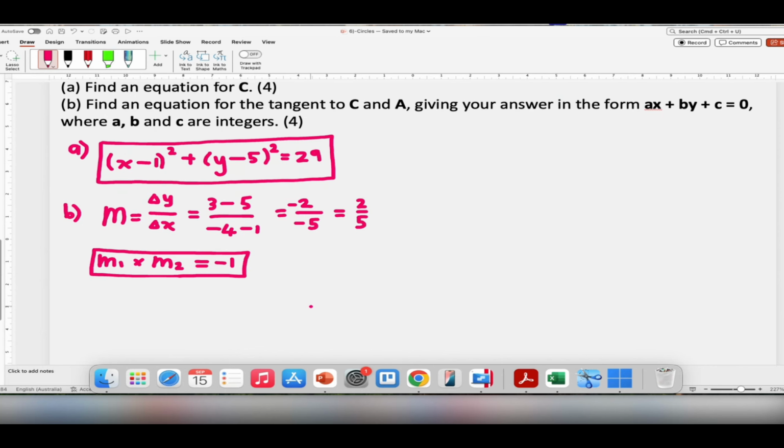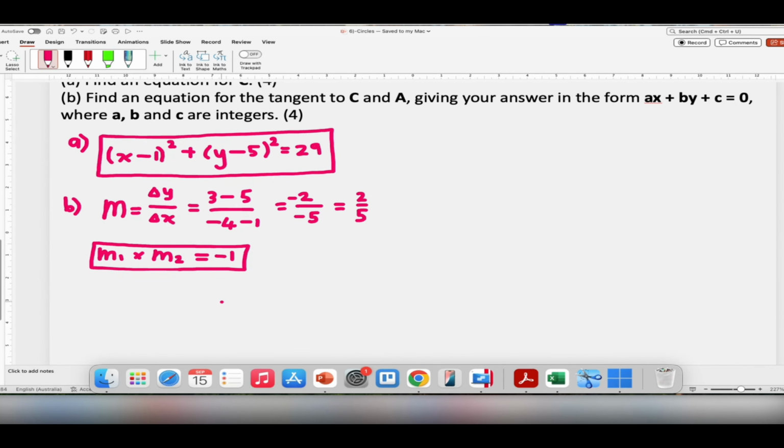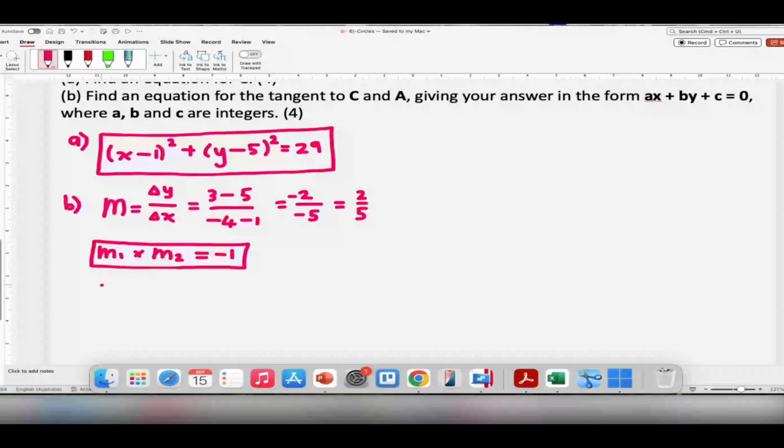So that means the gradient of the tangent is going to be the negative reciprocal of 2 over 5. What is the negative reciprocal of 2 over 5? It is negative 5 over 2.